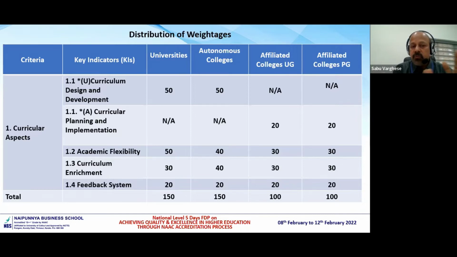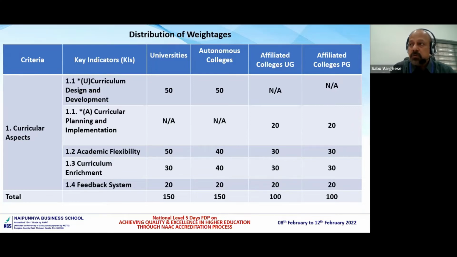The first one, marked U, is for university and autonomous colleges. So participants from a university or autonomous college should focus on the first one, curriculum design and development, and the points for that are 50 for a university or autonomous college.